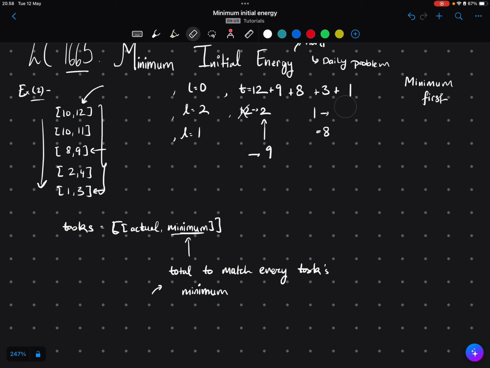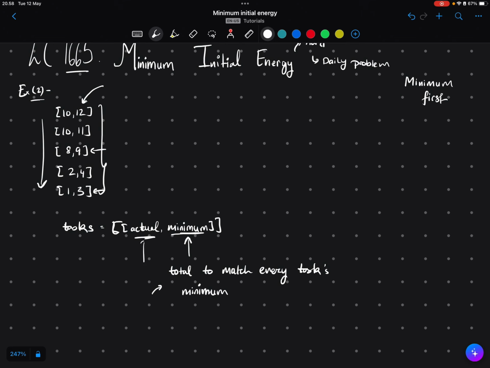The thing with greedy is that you have to just try and error some of these approaches in your head, because you need to make these locally optimal changes to get the global optimum. Since I already mentioned that we only emphasize minimum, actual pretty much gets thrown out of the window. There's no point in considering actual first, because minimum first should have been more viable.